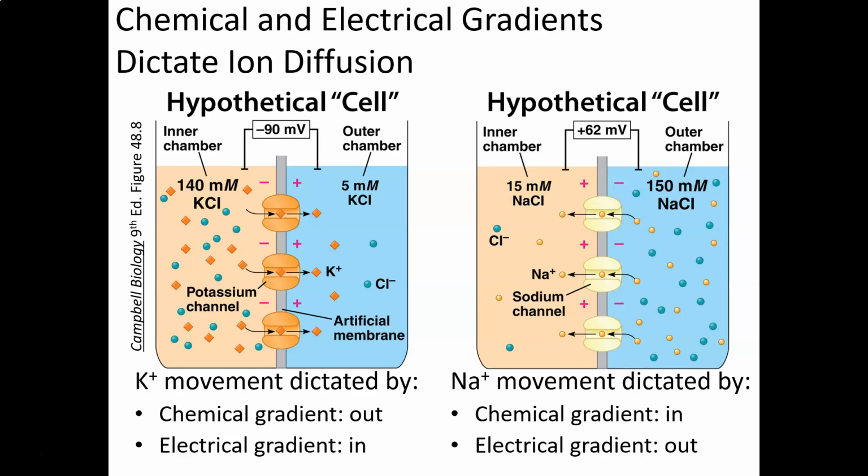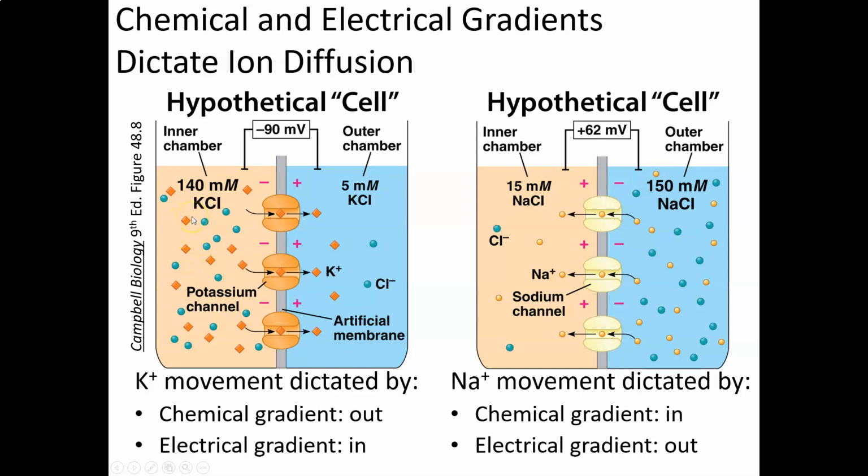So about 14% of 6.022 times 10 to the 23rd. So that means basically there's about 9 times 10 to the 22nd ions in the cell. So the point being, there's a lot of potassium ions.